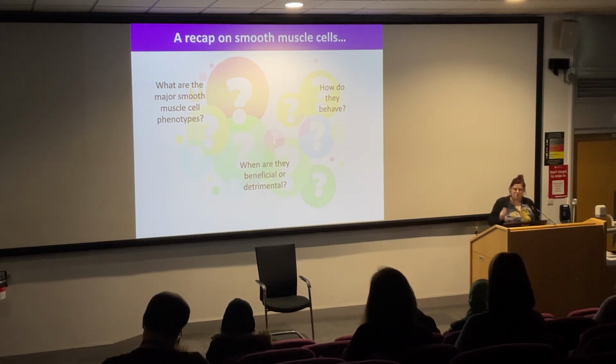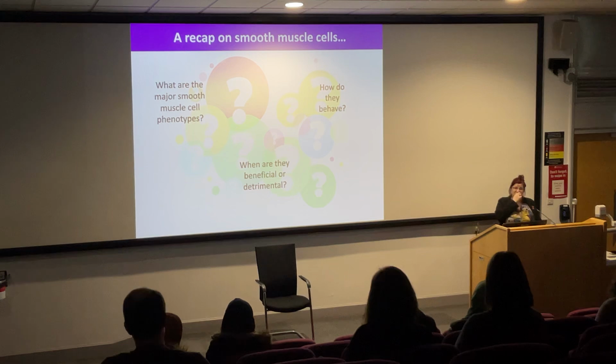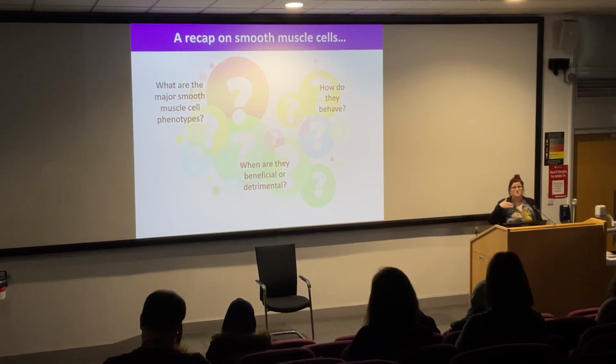When are they beneficial or detrimental? So when would you want a synthetic smooth muscle cell? Yeah, definitely during development. Yep. What about in an adult? When would you want a synthetic smooth muscle cell? Injury. After an injury, yeah, because that's what's going to heal that injury to your blood vessel. Your smooth muscle cells are going to have to grow then, because otherwise your blood vessel's just going to leak.